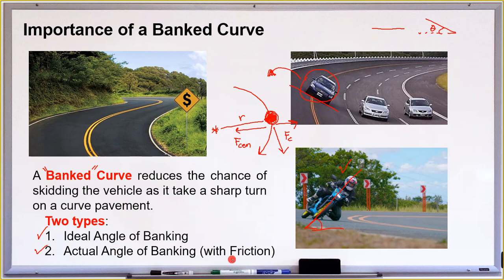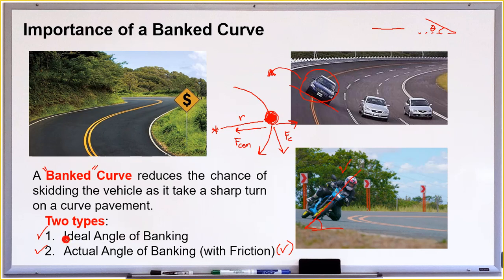Here we consider the effects of friction between the road and the tires, and this is the one useful in a real scenario. In a real scenario, of course, there is friction. Poor us if our tires had no friction, we couldn't move.